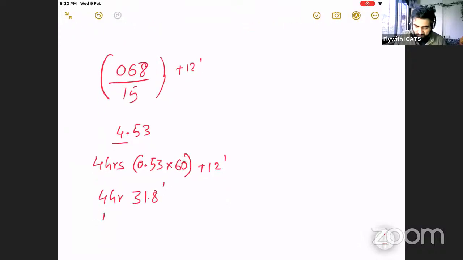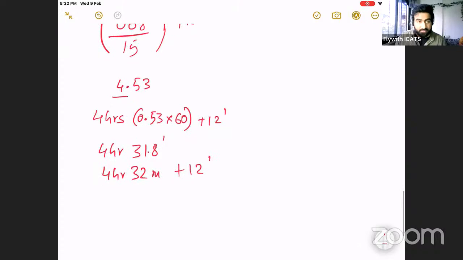This I can round off to 4 hours, 32 minutes, plus 12 minutes again. So 4 hours plus 32 plus 12 minutes. So 32 plus 12 minutes is how much, students? 44 minutes. 4 hours, 44 minutes.